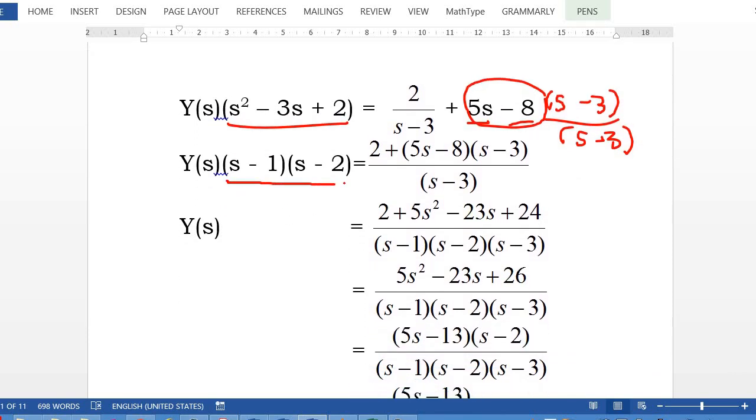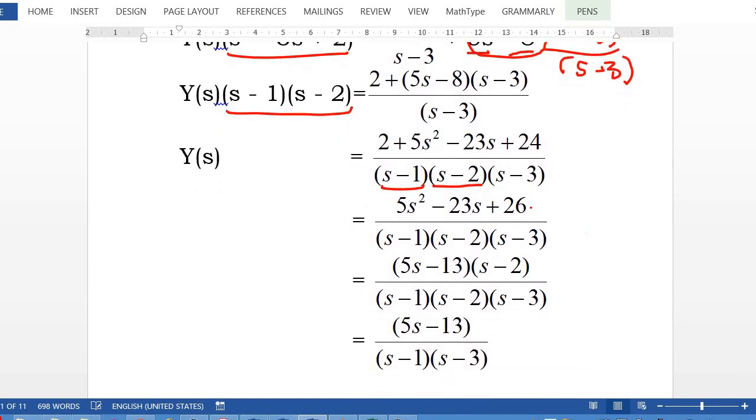Third step, solve for Y(s). You want one times Y(s), so the term multiplied by s minus 1 and s minus 2 is brought to the other side, becoming a division. Then simplify the numerator: 5s squared, and collect the 2 and 24 together, so the total is 26.